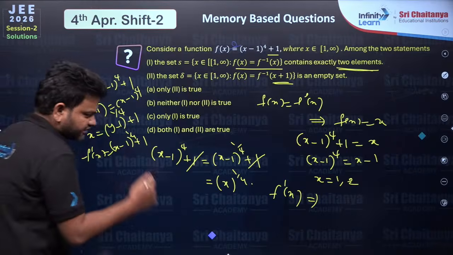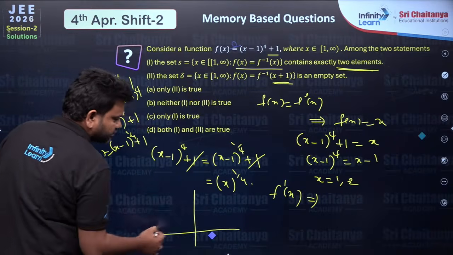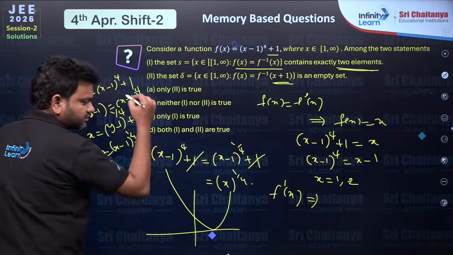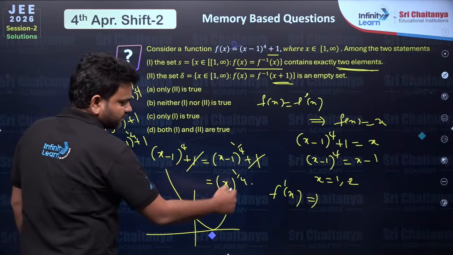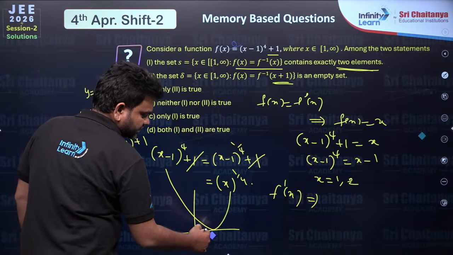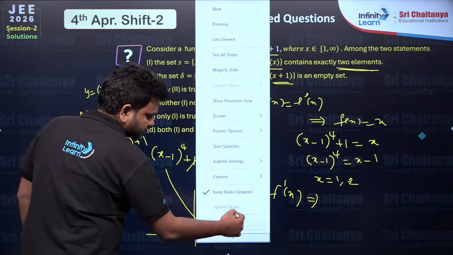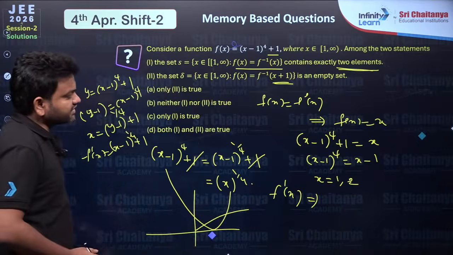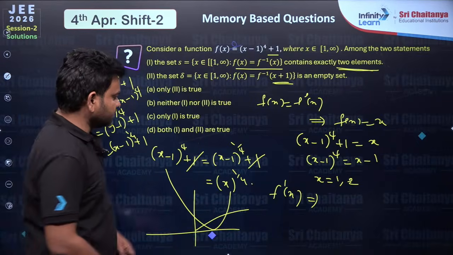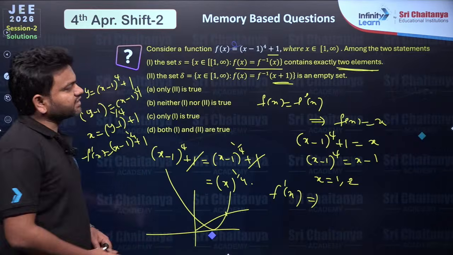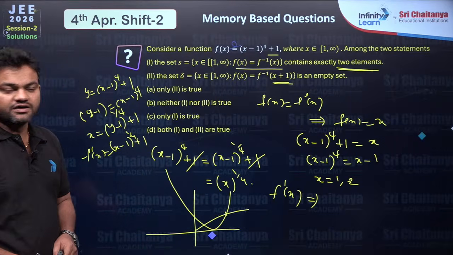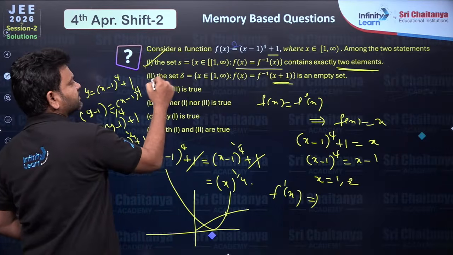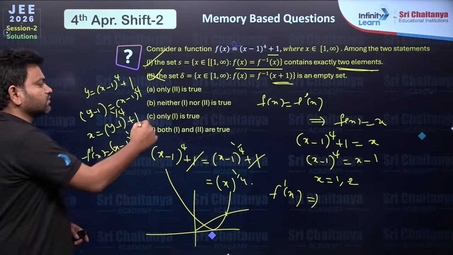So if we draw the graph of (x minus 1) to the power 4, this will be an upward parabola, and x power 1 by 4 will be somewhat like this. They mentioned it is an empty set, but there are intersecting points here, so it cannot be an empty set. All right, so you can say that statement 1 is correct and statement 2 is wrong. So only one is true here.